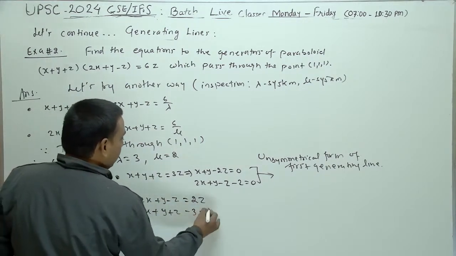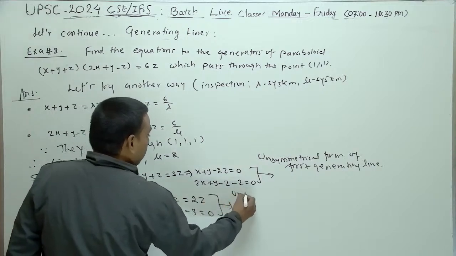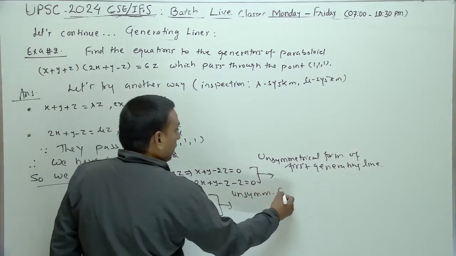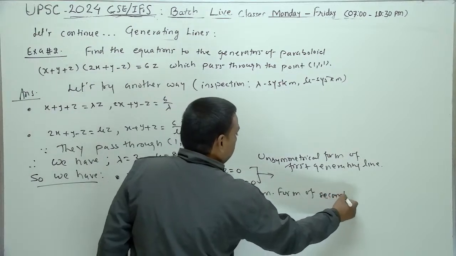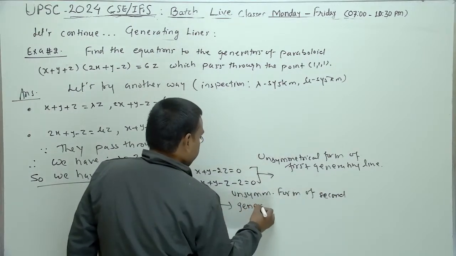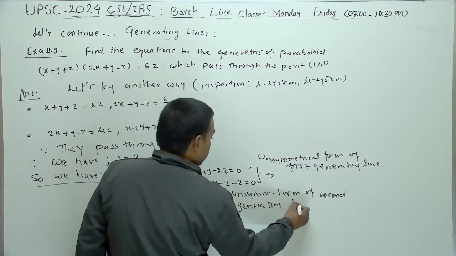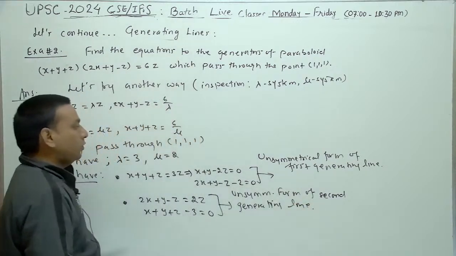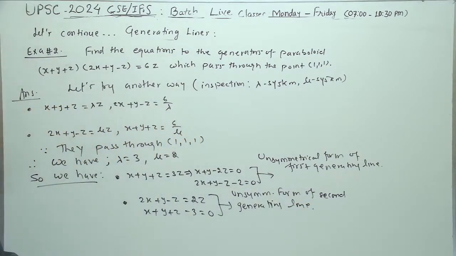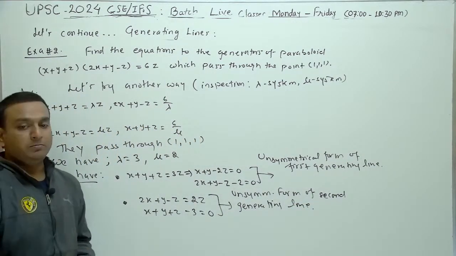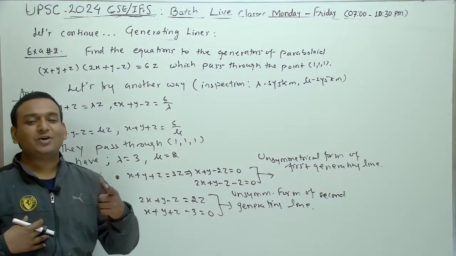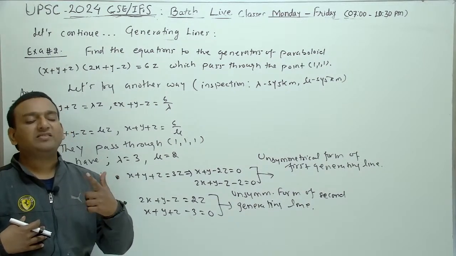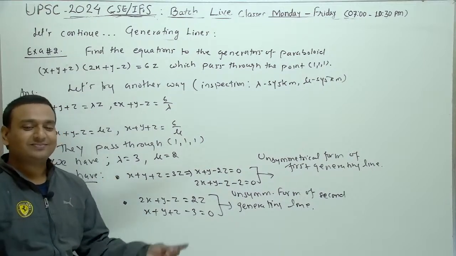So that is minus 3 equals to 0. Again, unsymmetrical form of second generating line. Right. So if you want to get the generating lines in symmetrical form, nothing to ask from me. Say yes or no. Please say yes or no. Write on please.